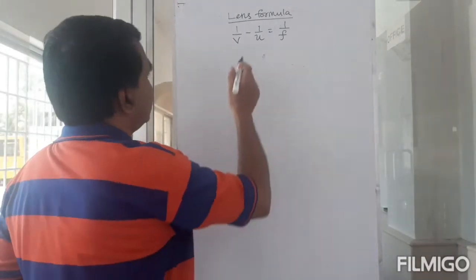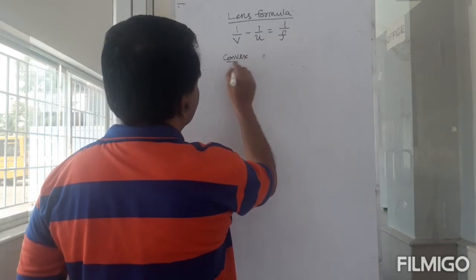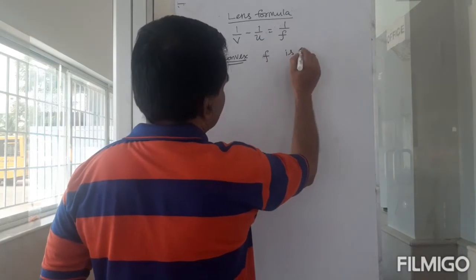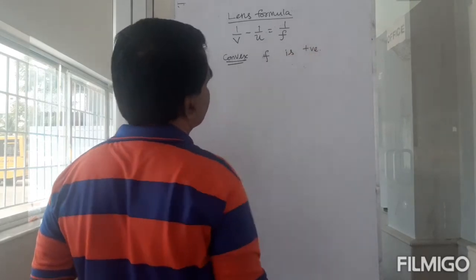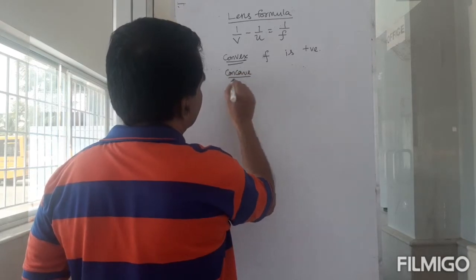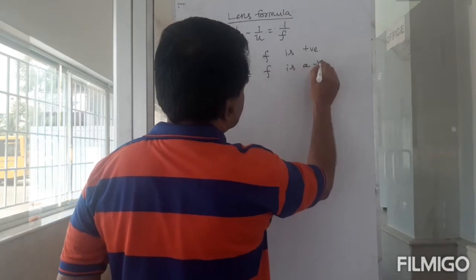Okay? But if it is a convex lens, the f is a positive number. If it is a concave lens, f is a negative number.